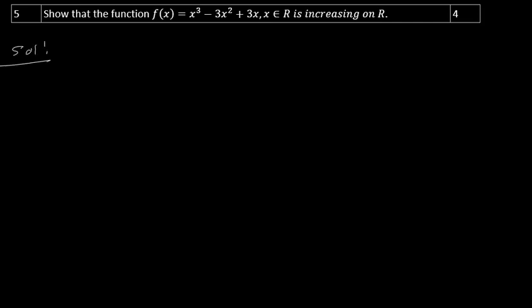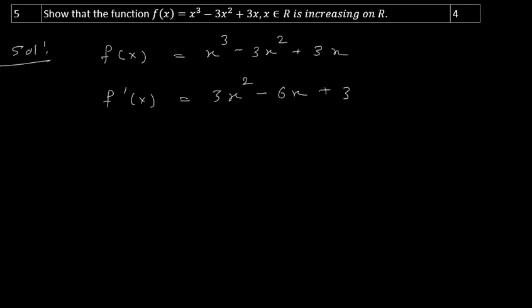The first step is you write what is given, f(x), which is x cube minus 3x square plus 3x. The second step is you find its derivative. So the derivative is 3x square minus 6x plus 3. The third step is f dash x equal to 0. You simplify this.